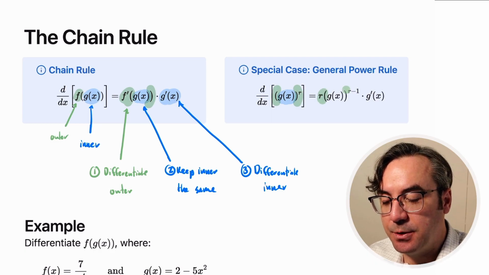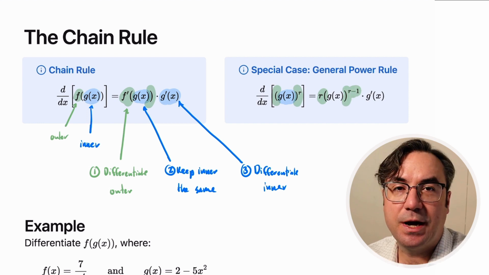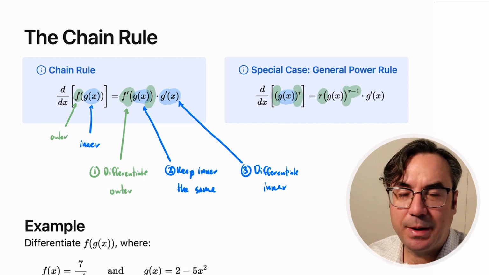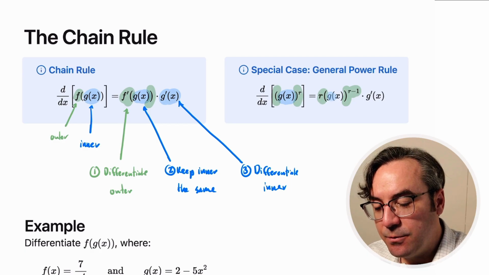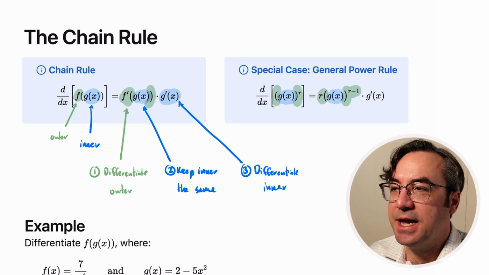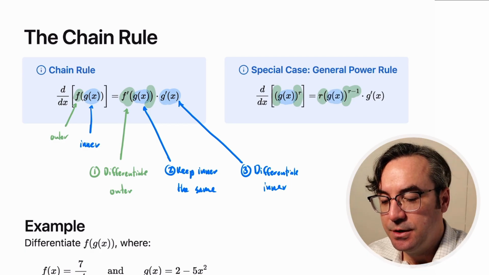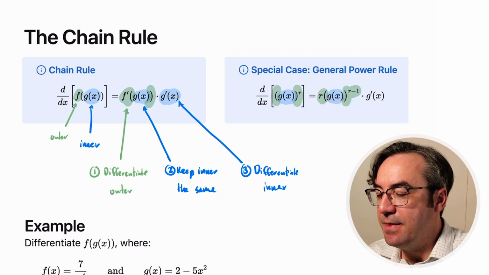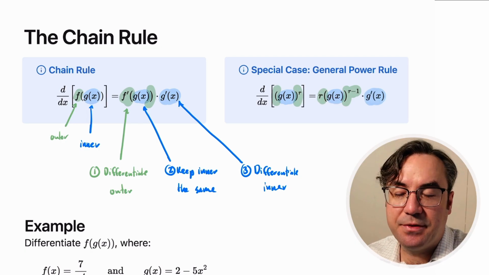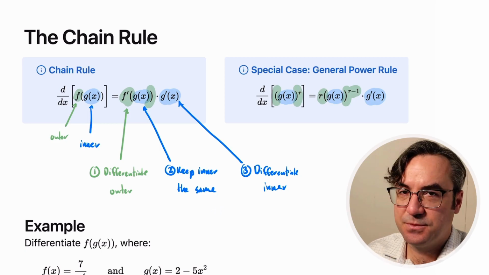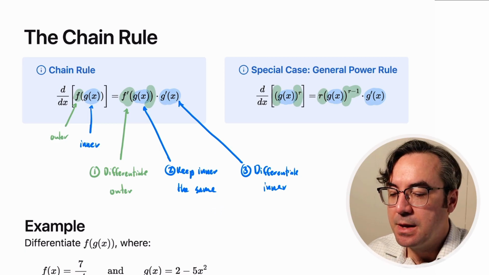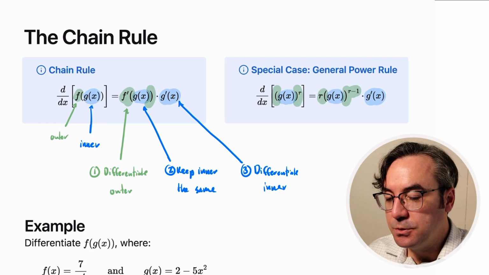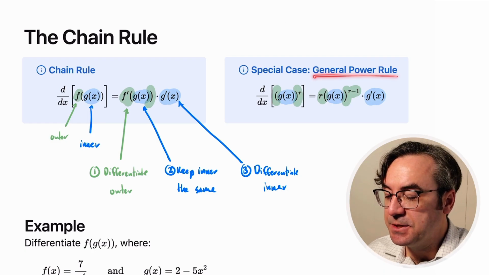So we bring down the exponent, and then we subtract 1 from the exponent. Regular power rule kind of stuff. Then we kept the inner function exactly the same, the stuff inside the parentheses. And then we multiplied that result by the derivative of the inner function. So this is what we've been doing. So the general power rule is a special case.